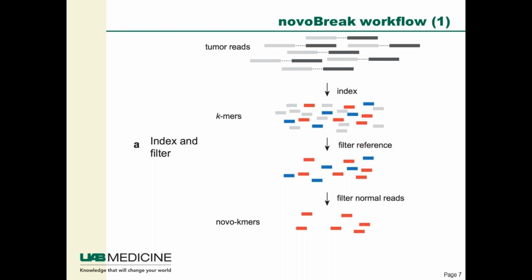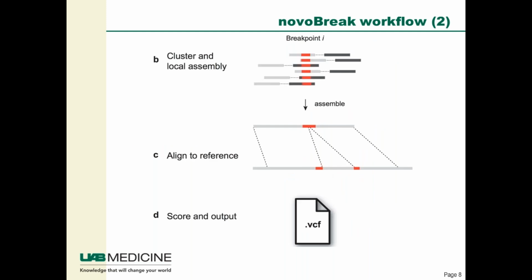If there is a normal sample, we can further filter against the normal sample to retain only the k-mers present in the tumor sample. This is the somatic novel k-mers. Next, here's the hidden structure. For each breakpoint, there are many novel k-mers covering the same breakpoint, and for each novel k-mer, there are many read pairs sharing the same novel k-mer.